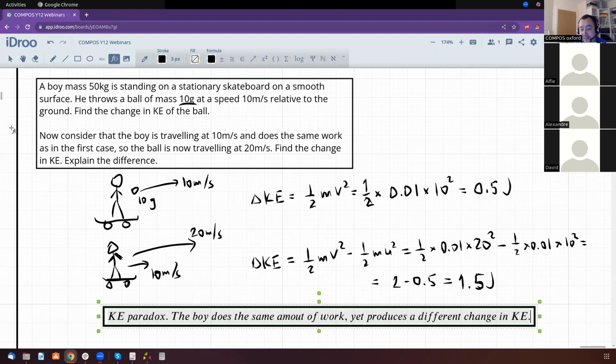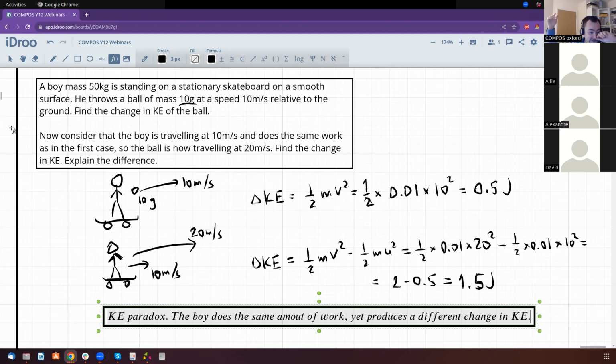As a matter of fact, if you look from the point of view of a stationary observer, the boy throws the ball, but as the boy throws it, the ball is already traveling at 10. So the ball is traveling a bigger distance, so S is bigger.